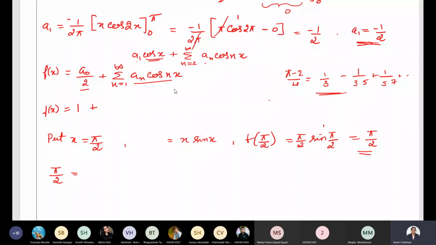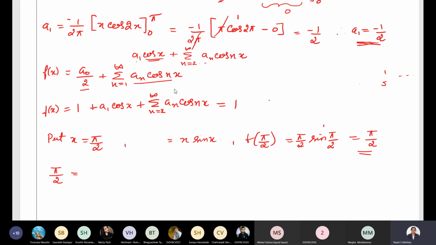So it is nothing but a1 cos x plus summation n equal to 2 to infinity a n cos nx. You have to substitute now. So we get 1, and a1 is minus half cos x, plus summation n equal to 2 to infinity a n.